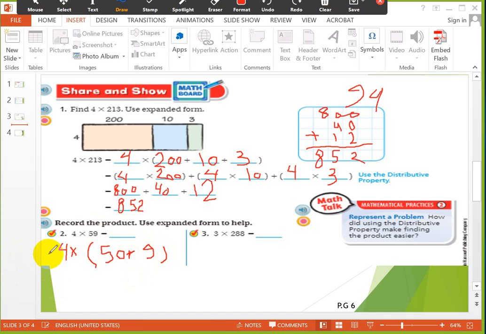Then I have to multiply this 4 with each digit. So I will multiply 4 with 50, the tens digit, and put it between parentheses.